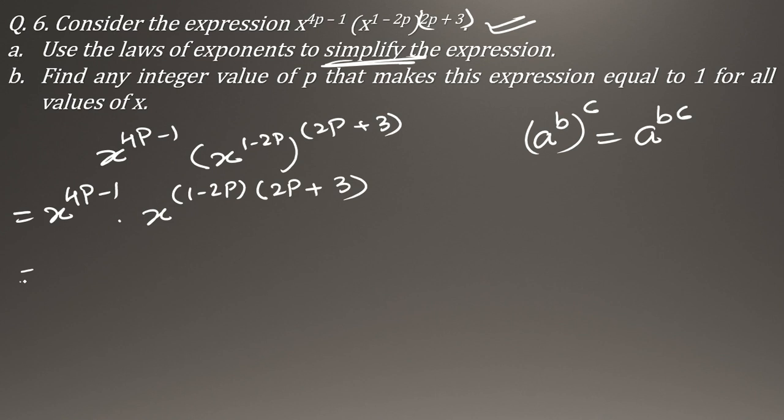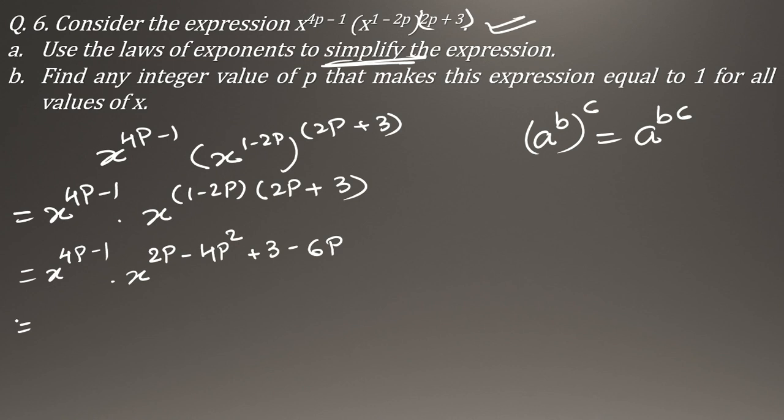So multiply the bracket first. So it will be 4p minus 1 times x to the power, it will become 2p, because 1 multiplied by 2p is 2p, minus 4p square, then plus 3 and minus 6p. So what will it become?